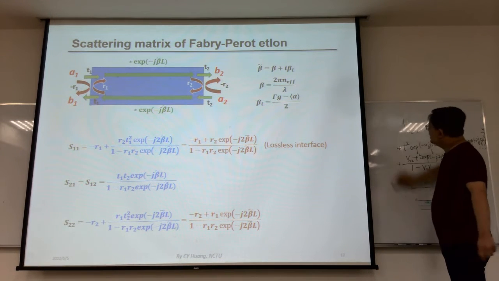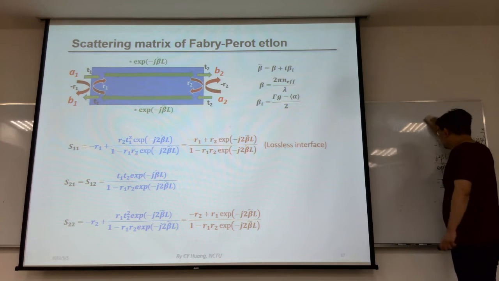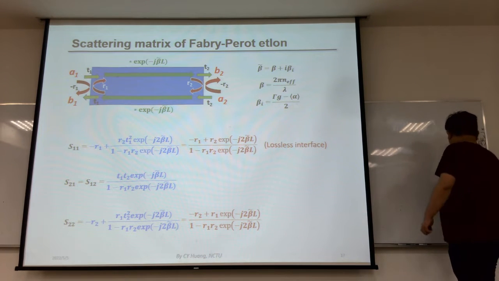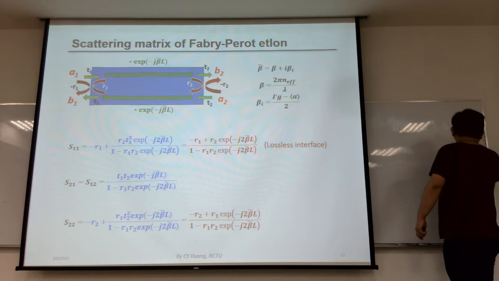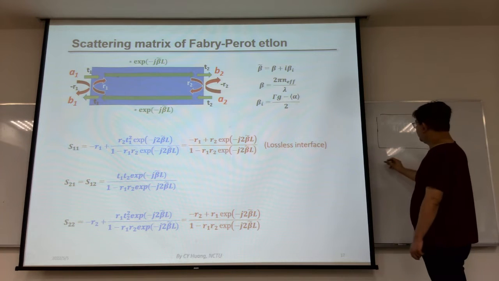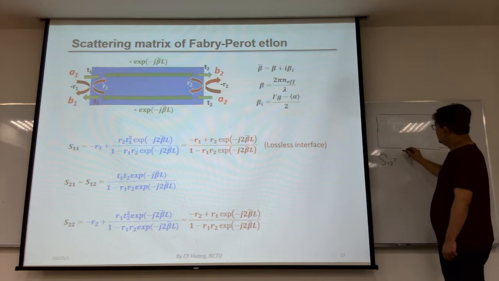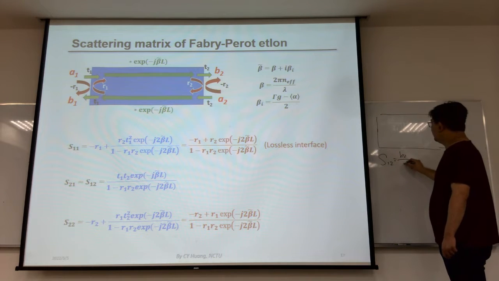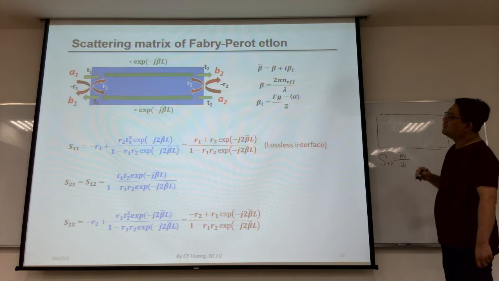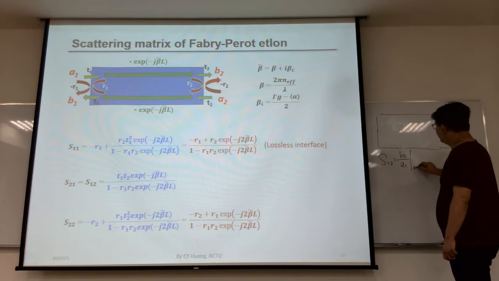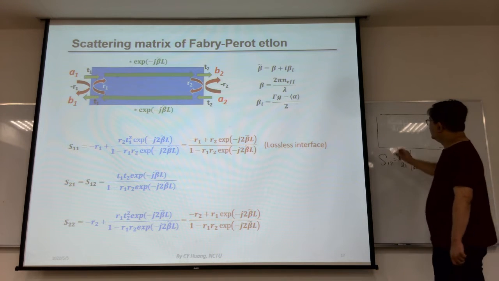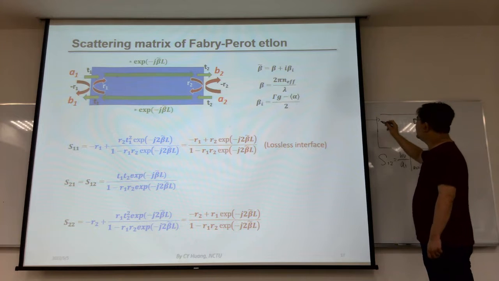Then S21 and S22 are similar. We just draw what happens. So S12 is B2 over A1 when A2 is 0. You have the sum here.